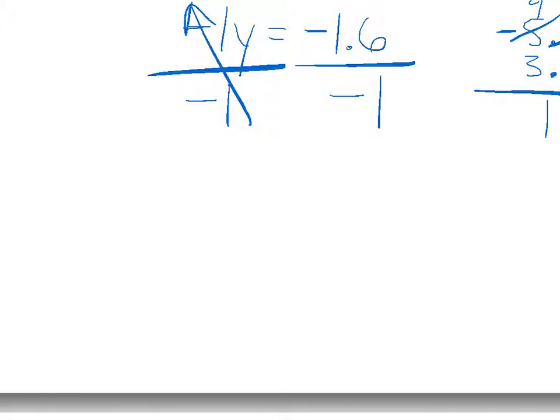Negative 1 divided by negative 1 is 1 times y is y. And negative 1.6 divided by negative 1 is positive 1.6.